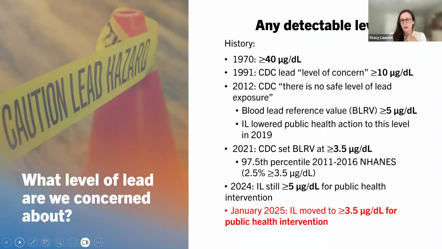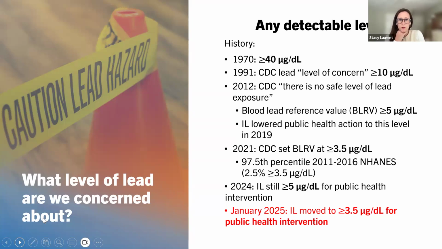So what level are we concerned about? As I alluded to, any detectable lead level is something we want to think about, and the historical context of this has really changed. In the 70s, we were tolerating lead levels up to 40 before there was any sort of intervention. Eventually the CDC adopted a level of concern, and the language around that has changed.